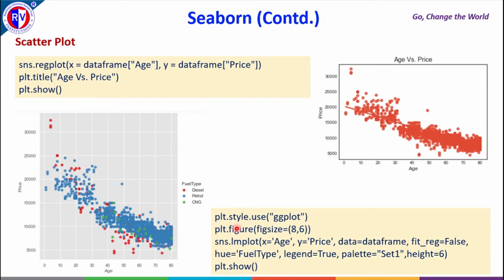One is plt.style.use('ggplot'), which specifies the different styles of the graphs. We have a number of styles. You can use any one of these, but here I am using ggplot. And next I am specifying the width and height of the figure as I explained in the previous slides.